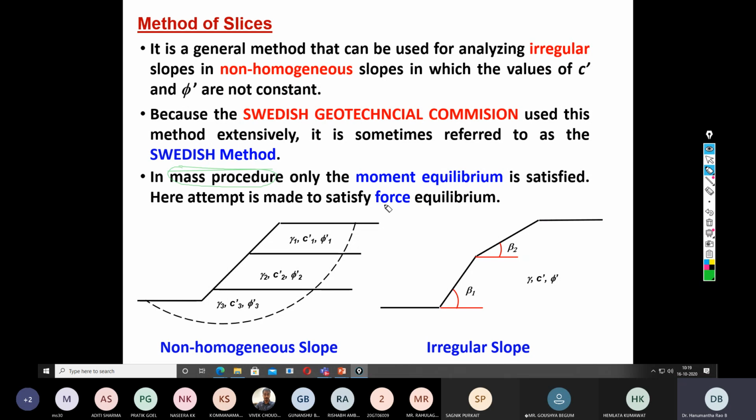Those will give you the worst factor of safety value. But if you want to determine the exact value of the factor of safety, then we must resort to the process called the method of slices. Now let us discuss how these methods have evolved, who has contributed what, for the maximum and for different slopes.